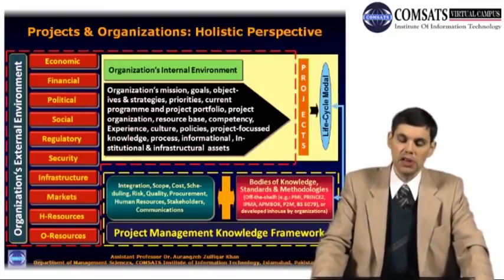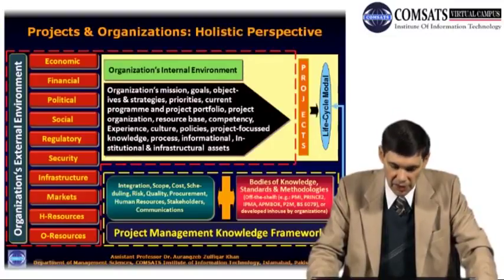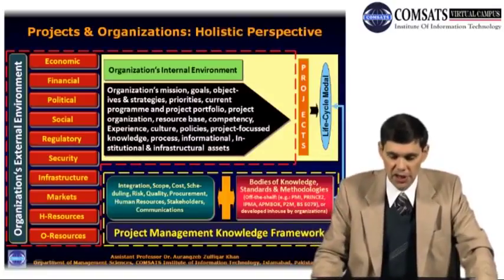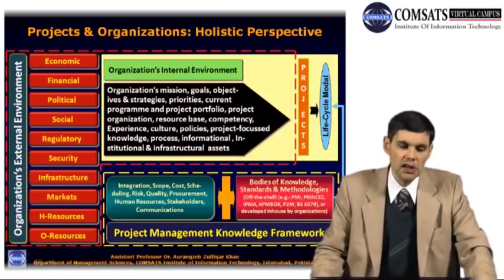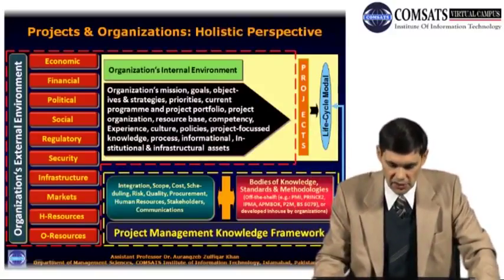There are 3 levels which I would first like to look at briefly with you. One is the project level, one is the organizational level, which is above the project level, and then there is the organization's external environment, that is the next level.